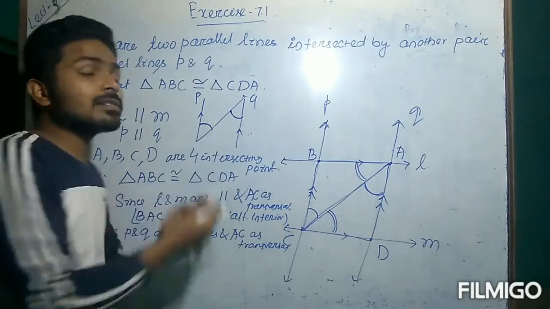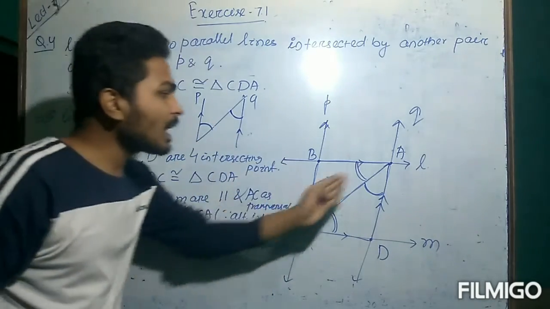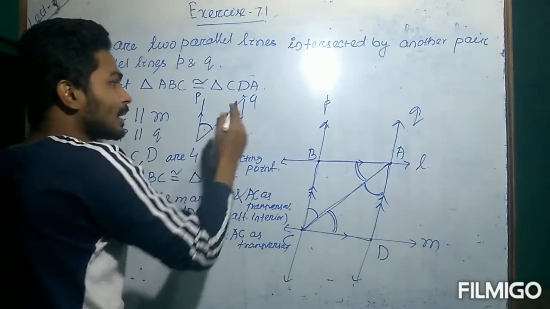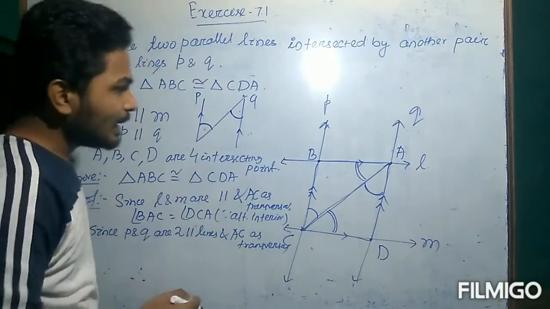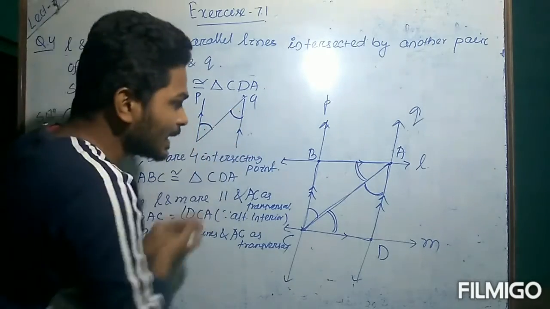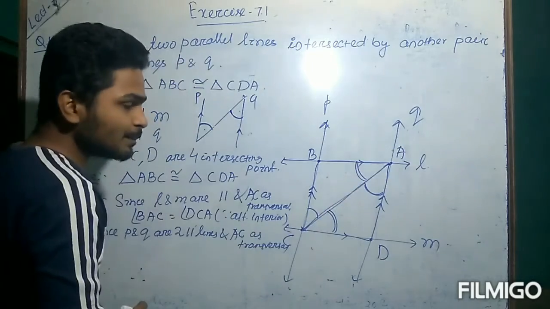Yes, they are equal because they are alternate interior angles. As you know, the pair of alternate interior angles are equal. I have drawn it separately so that you can understand it easily. Here P and Q are two parallel lines, AC is a transversal line.